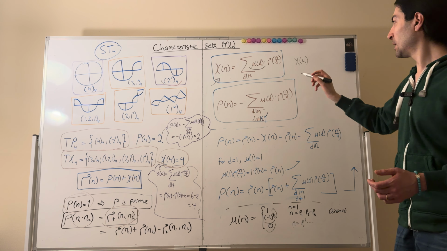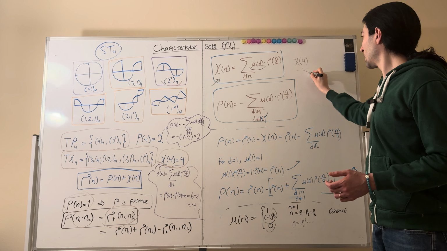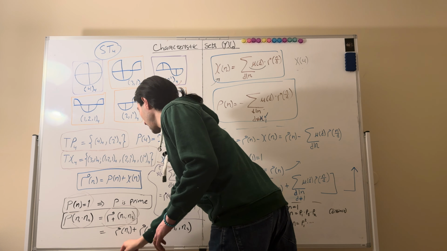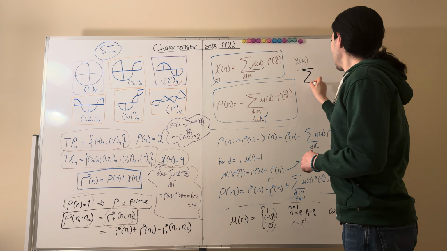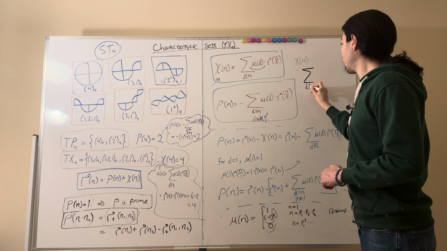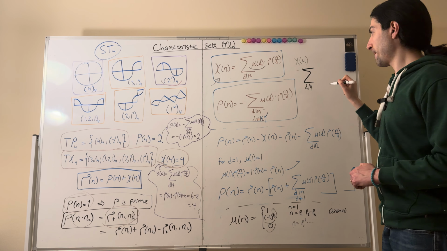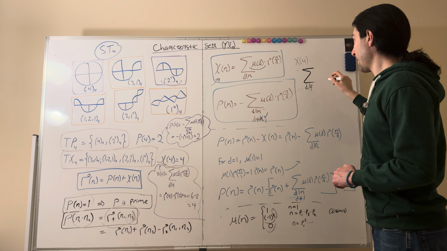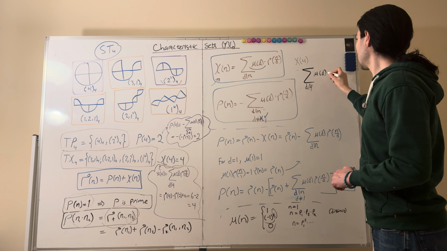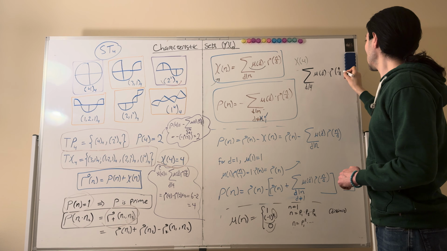Chi of 4 should be equal to the sum of d dividing 4 of mu of d times meem of 4 over d.